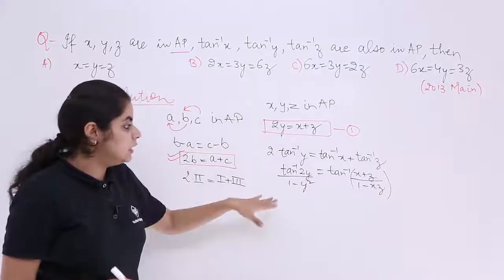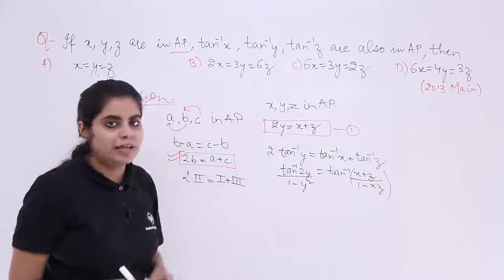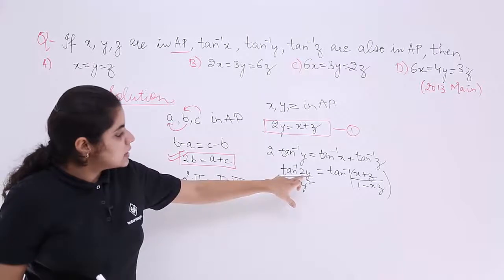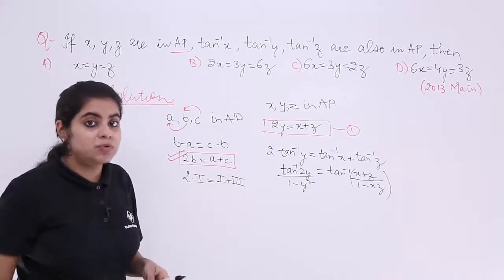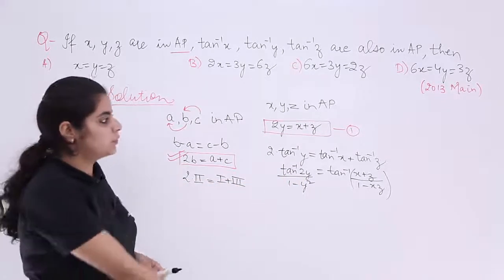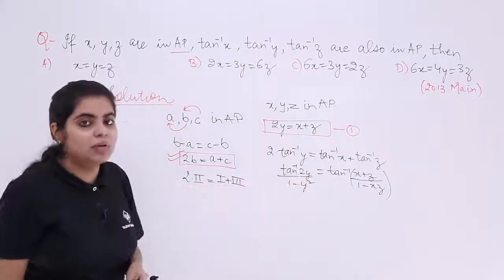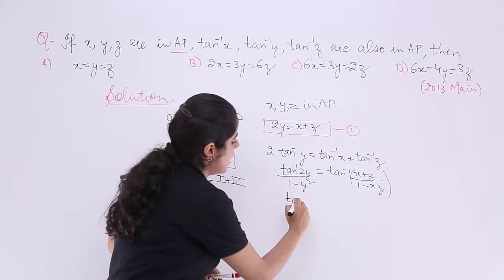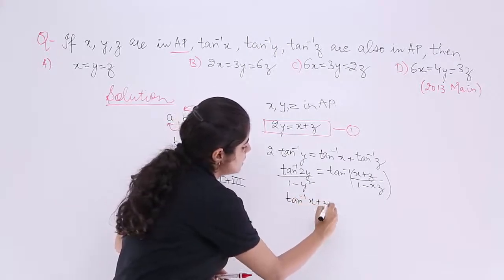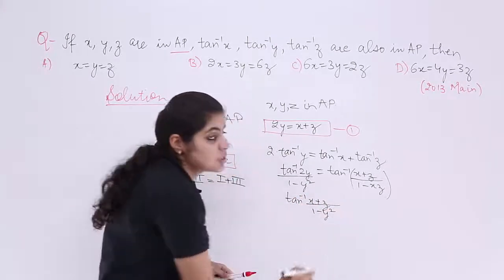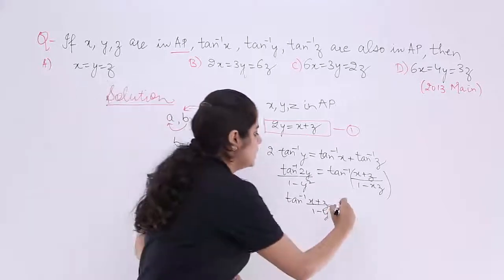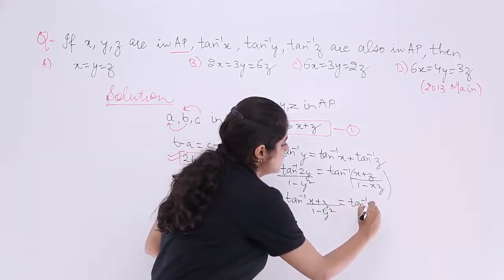We have already seen these two formulas and we are just applying them. Now, can I substitute something in place of 2y? 2y is basically x plus z. So here when we have 2y, we can substitute it as x plus z. The rest of the story remains the same. Do not change the other values, just write them as they are.